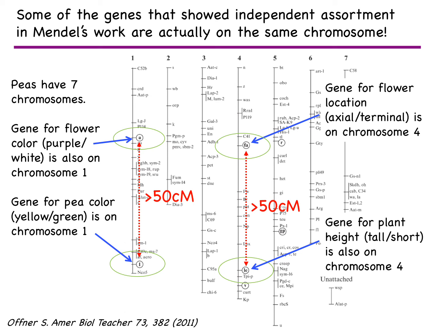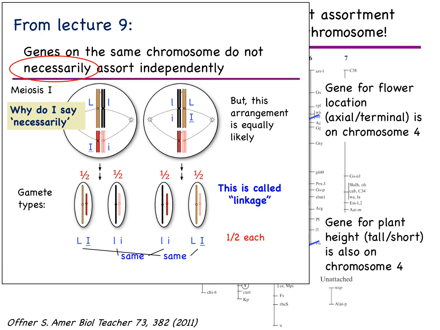If they're far apart on the same chromosome, they're going to behave just as if they're assorting independently. I also had this word that I put on one of the slides in my first lecture where I said genes on the same chromosome do not necessarily assort independently. The reason I use the term necessarily is because they can behave as if they're assorting independently, even if they're on the same chromosome.